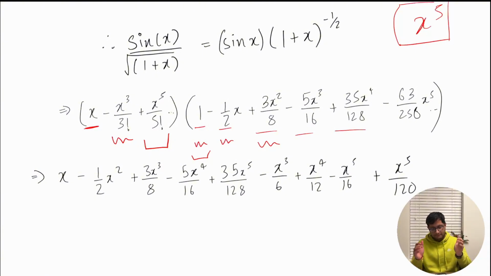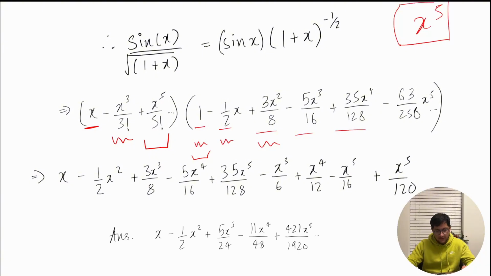So this is them multiplied with each other, but the question will generally limit how many terms you need to find. In this case, we only need terms up till x to the power of 5. You further simplify that, and it gets you the answer, which is x minus a half x squared plus 5 over 24 x cubed minus 11 over 48 x to the 4 plus 421 over 1920 x to the 5.